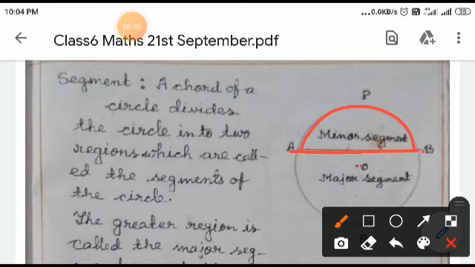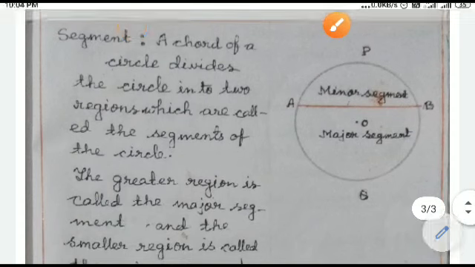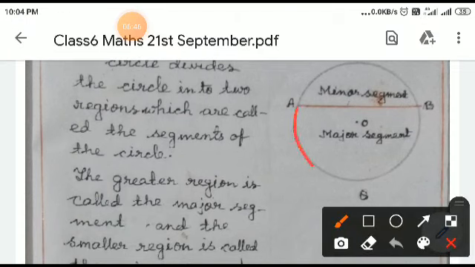The portion bounded by the chord AB and the arc APB is called the segment. And here APB is the minor arc, so it is the minor segment. On the opposite side, the arc AQB is the major arc, and AB is the chord, and that region is called the major segment.